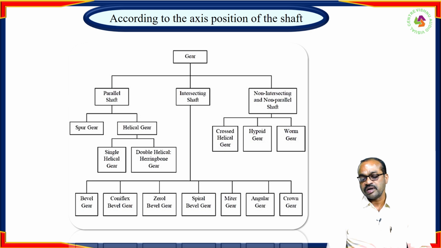The third one, non-intersecting and non-parallel type of shafts and gears: first one, crossed helical gear, hypoid gear, worm gear. Here also the worm gear will be taken for designing. So this is the classification based on the position of the shaft.